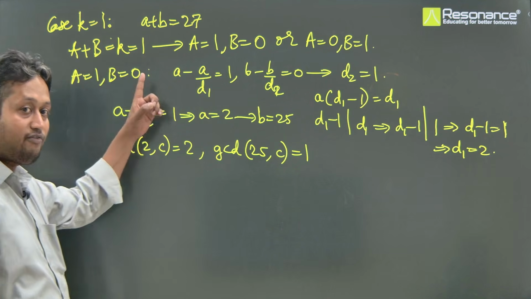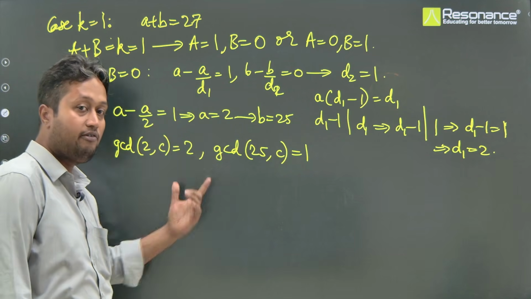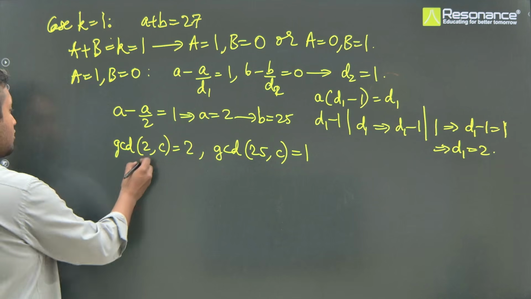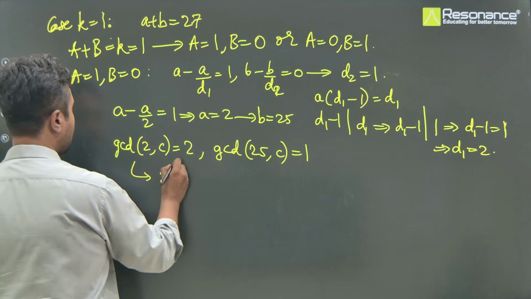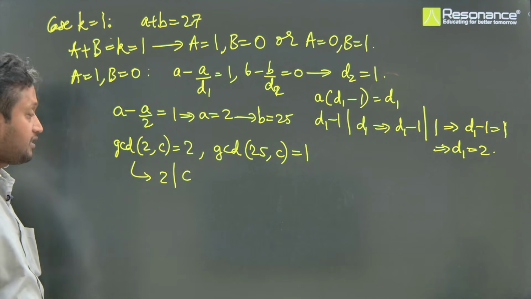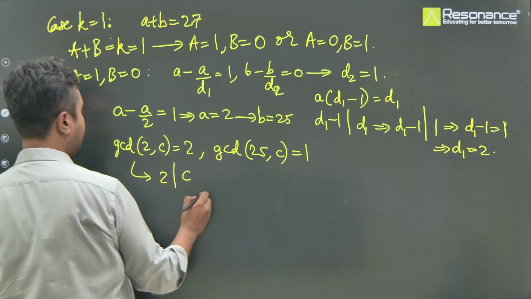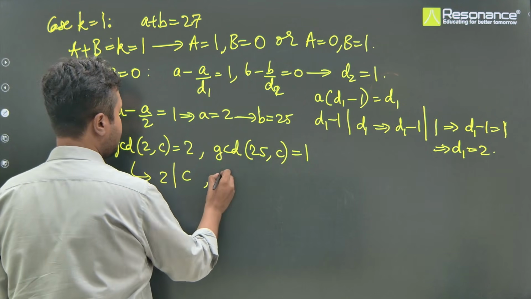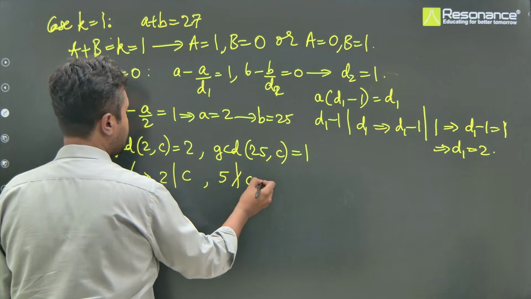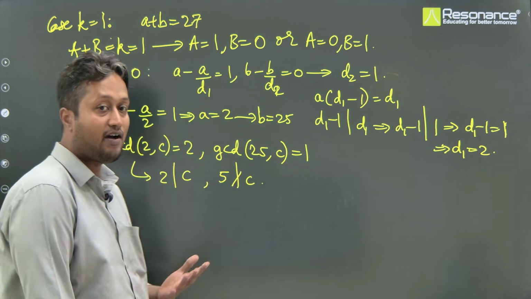So a and b are fixed in this subcase, and then c has to be worked out to satisfy this. First things first, what comes out of this is 2 has to divide c. In fact, that's equivalent to that. There's no more information in that. It just says 2 has to divide c. This one says 5 should not divide c. c has to be co-prime to 25, so c should not have 5 as a prime factor.